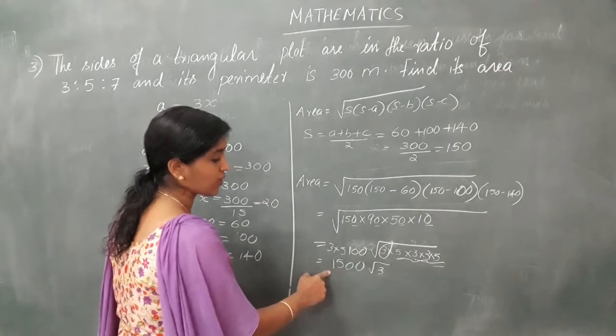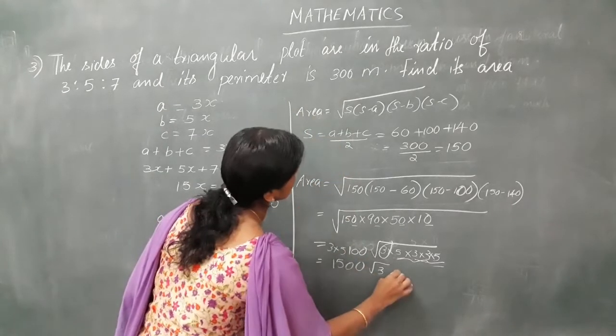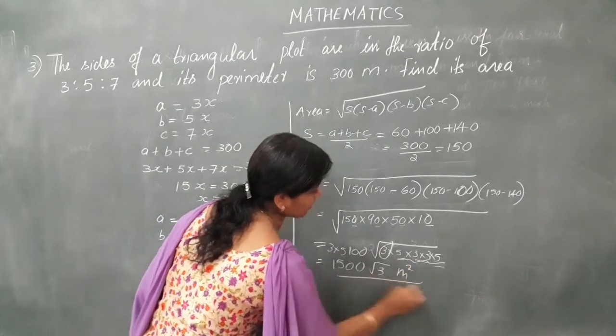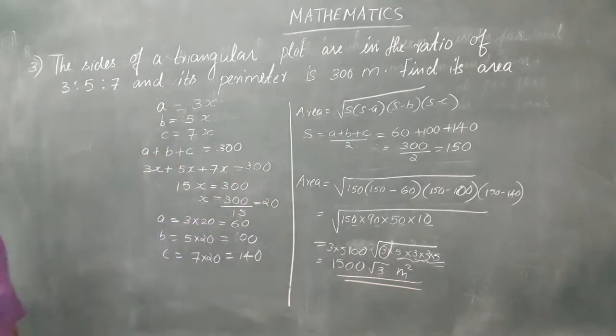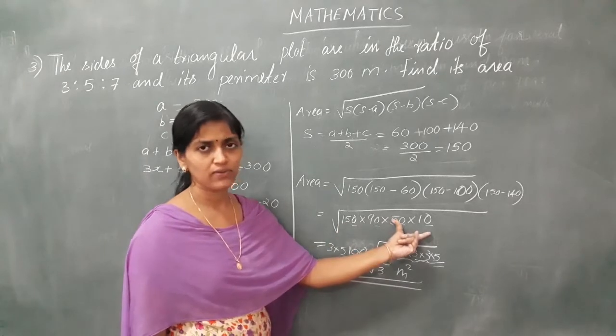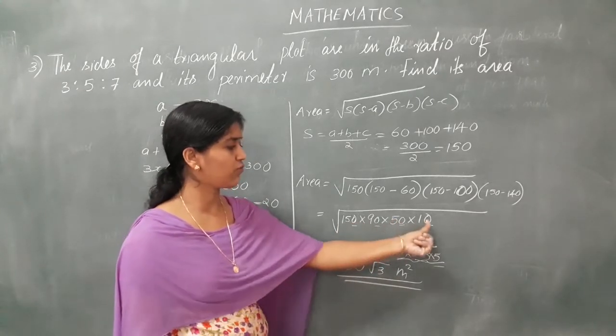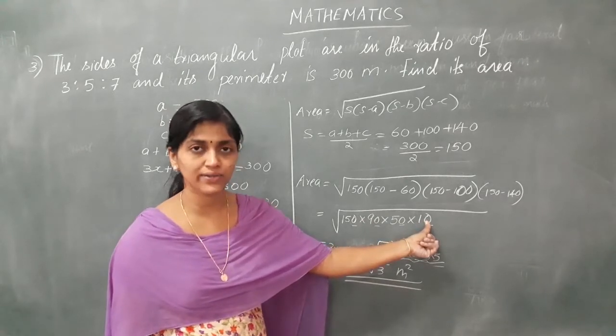It is 1500. What is the unit here? It is meter, so it will be meter square. Area is equal to 1500 root 3 meter square. I think you know how we have studied finding the root, isn't it? Zeros come, 1, 2, 3, 4 zeros, which means you can take 100 outside.